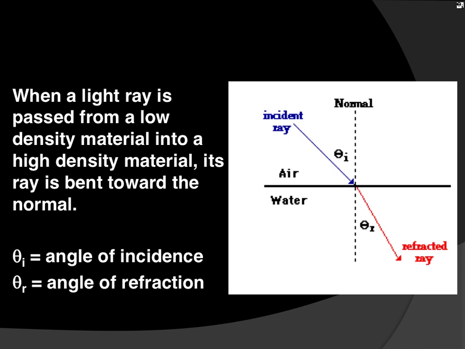But as a summary, when a light ray is passed from a low density material into a high density material, its ray is bent towards the normal. Remember, the normal is that imaginary 90-degree line we've got perpendicular. And just like with reflection, we have theta I, there's our angle of incidence, and theta R, but here theta R is angle of refraction, not angle of reflection.